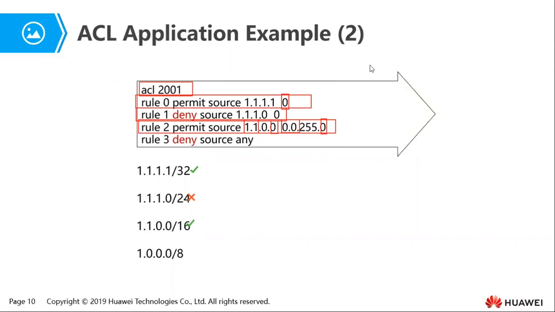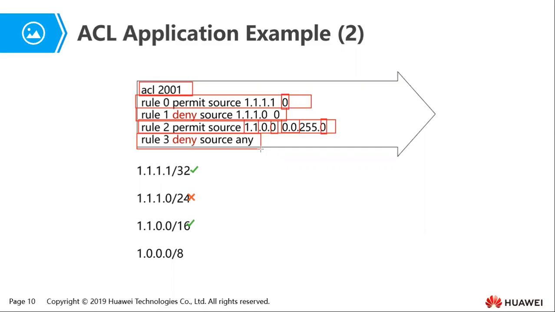Then it is recommended that the very last ACL rule that you specify has a deny clause. So rule 3, deny source any, so that if a packet does not match any rule, it's simply dropped. You can have either deny or permit source any.